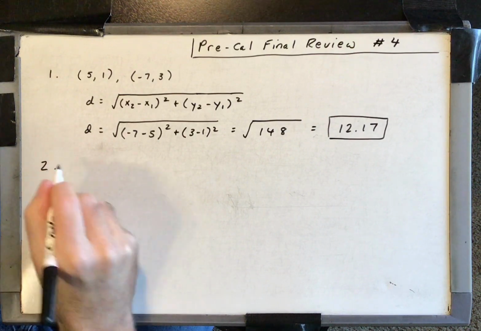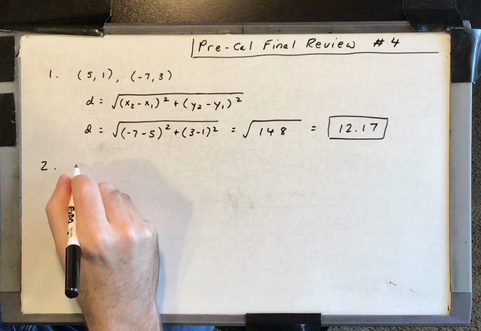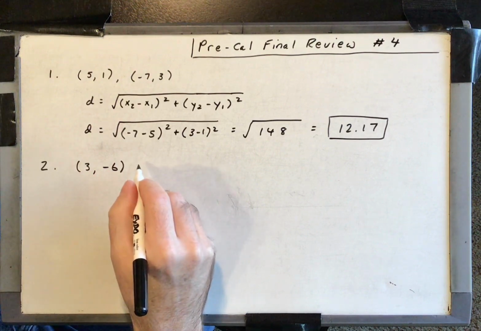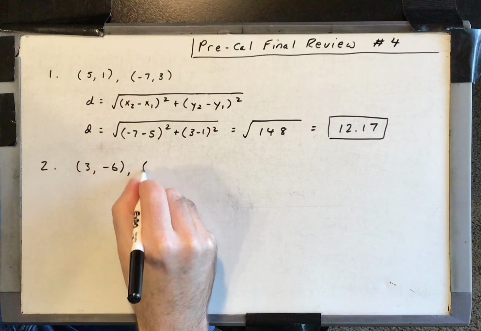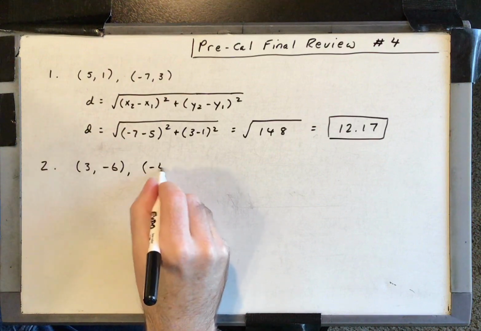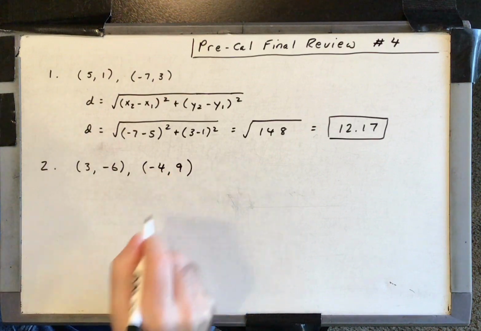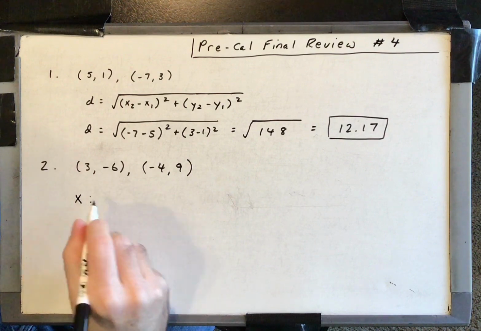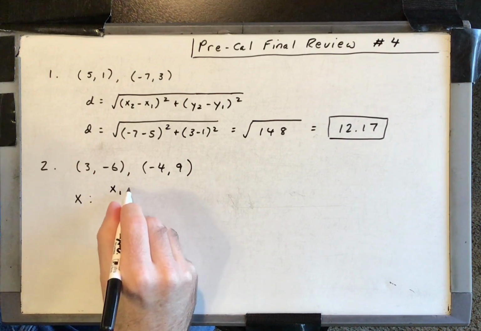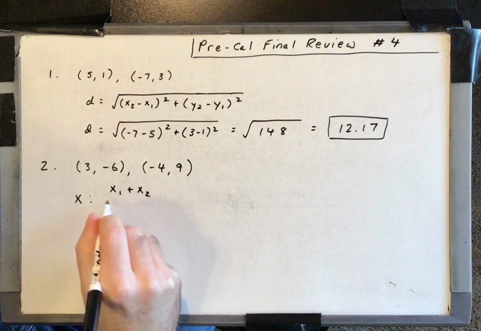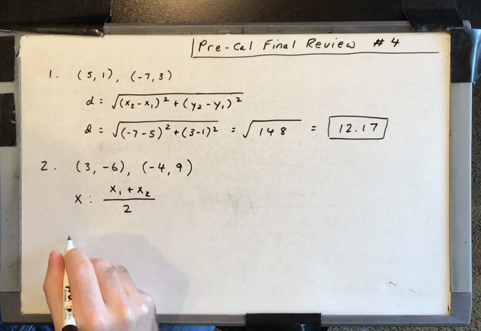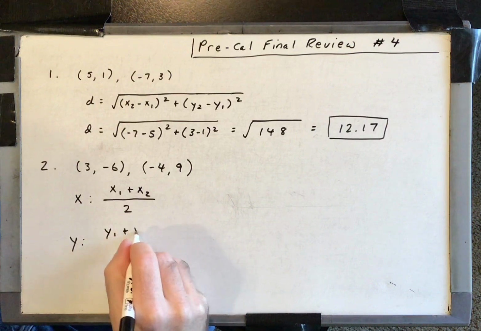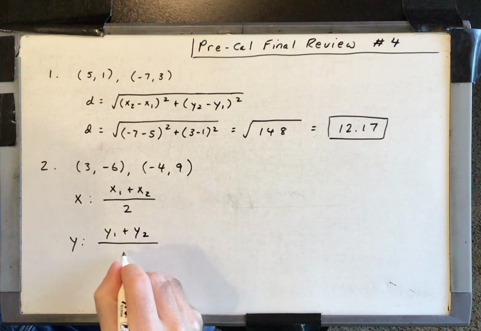Number 2 asks for the midpoint between the points (3, -6) and (-4, 9). The midpoint formula: for x, we add the two x values and divide by 2. And for y, we add the two y values and divide by 2.